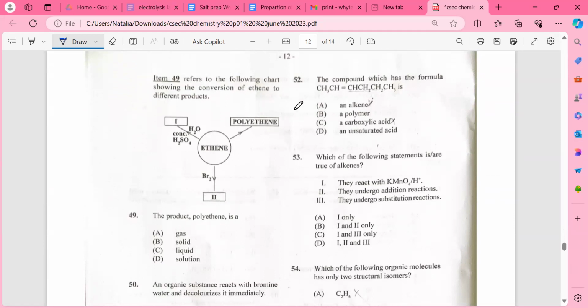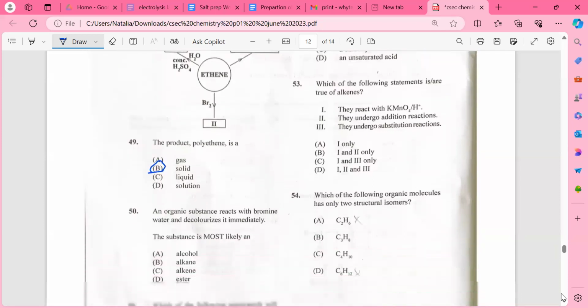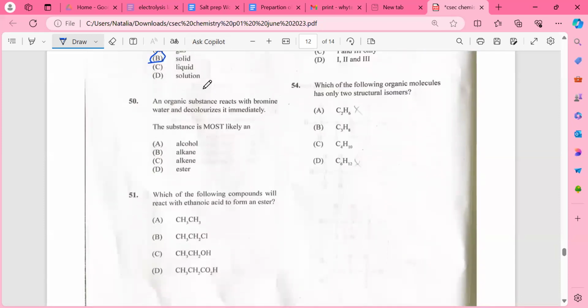It says the product polyethylene that's created from ethene, that's a polymerization reaction, that substance is going to be a solid. An organic substance reacts with bromine water and decolorizes it immediately. Bromine water needs an alkene.